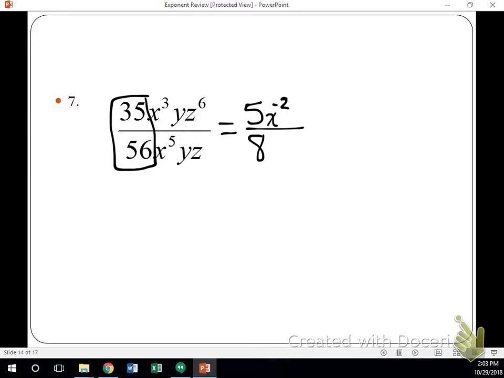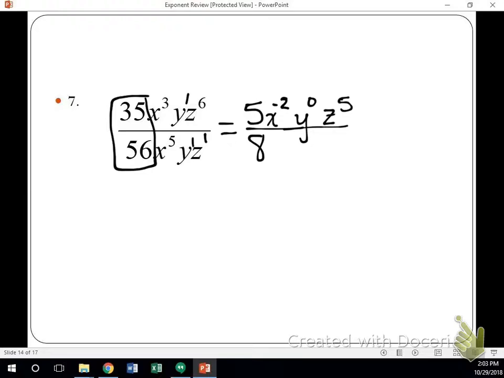What are their exponents? They're both 1s. So what do we do with the exponents? Subtract, so it becomes a 0. Y to the 0. Last, we've got the z's. What's the exponent on my z in the denominator? A 1. So we have 6 minus 1, that's z to the 5th.